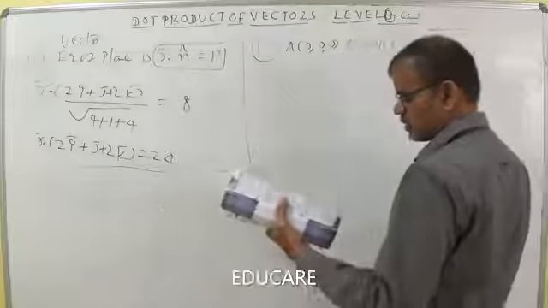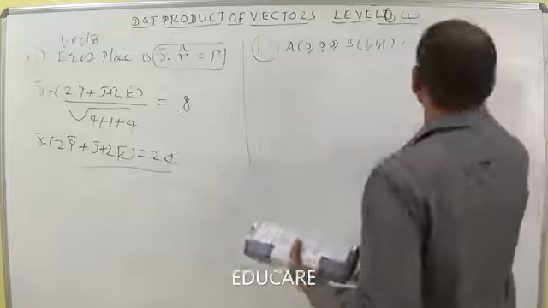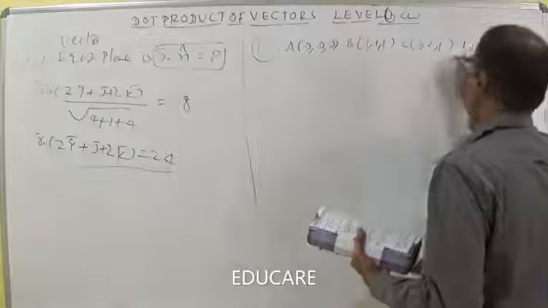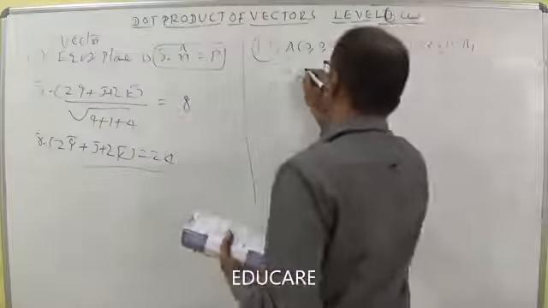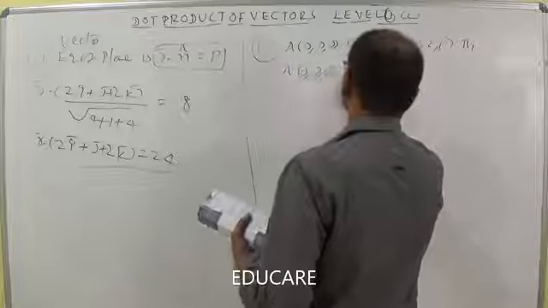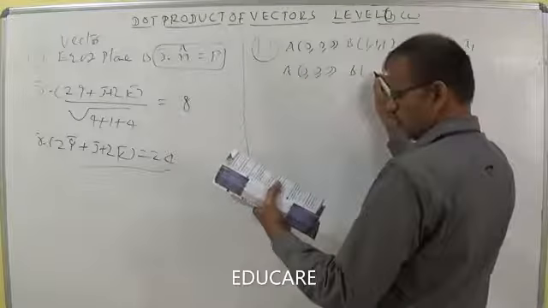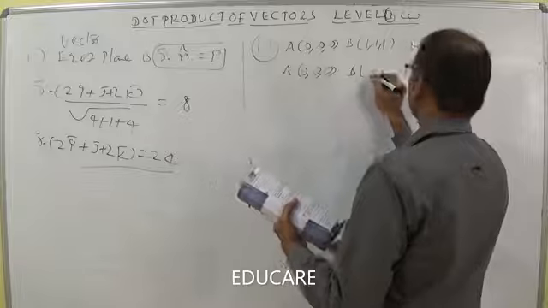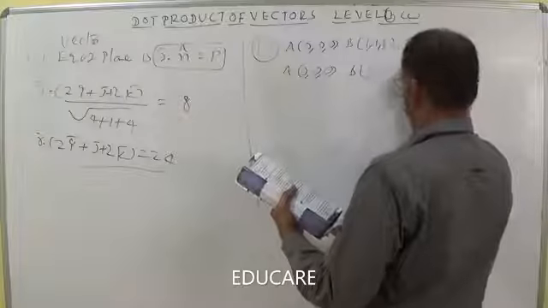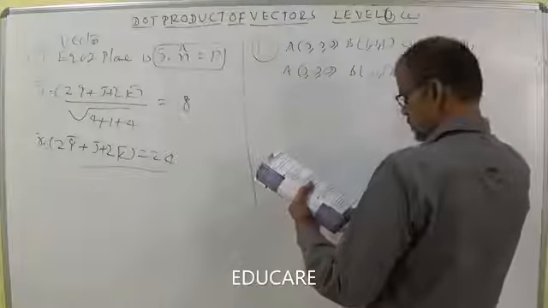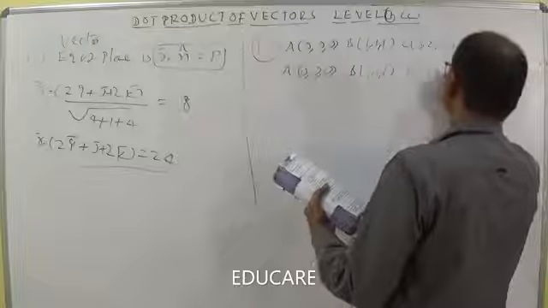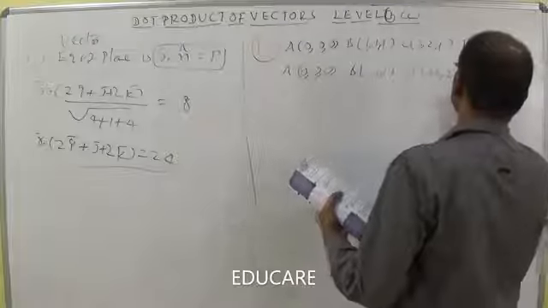And again A (0, 0, 0), B (1, 1, 1), D, he changed the name, D (3, 1, 2). This is pi 2.